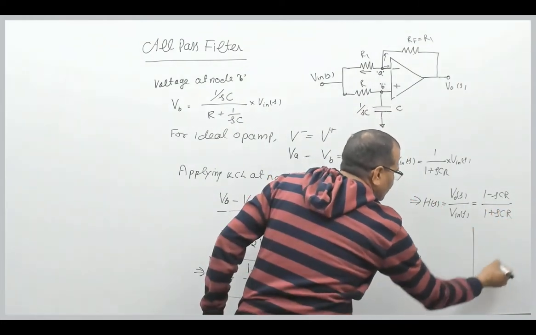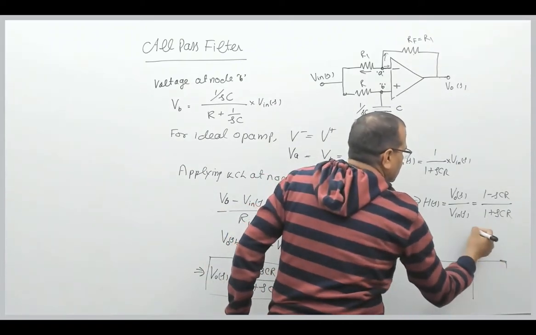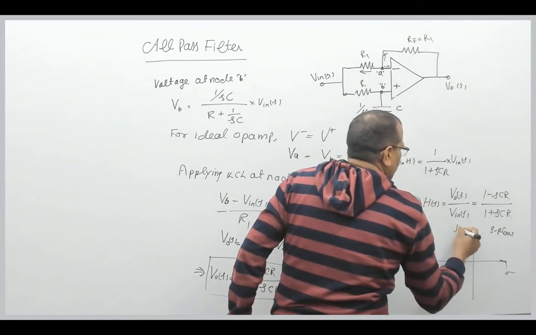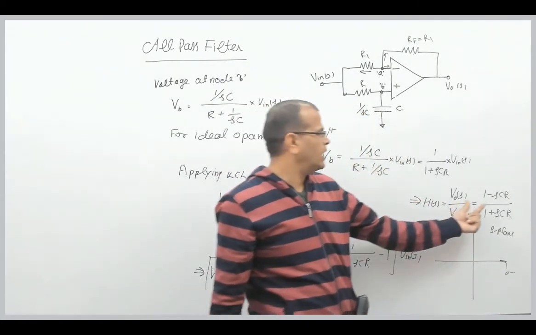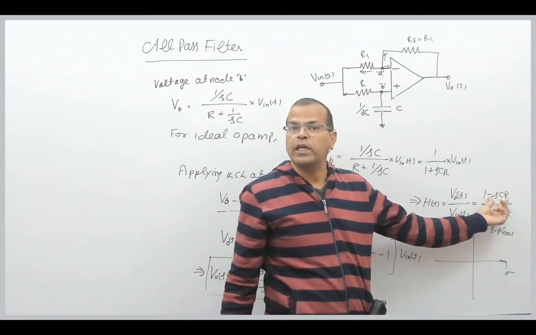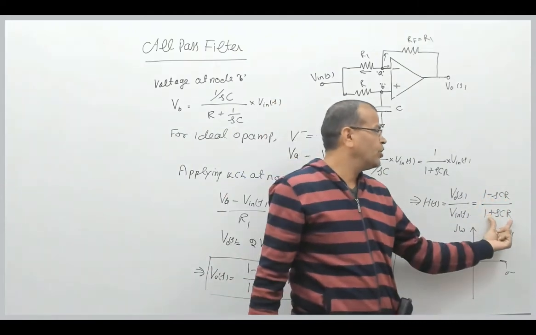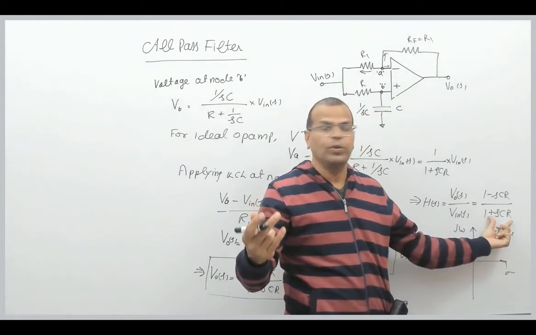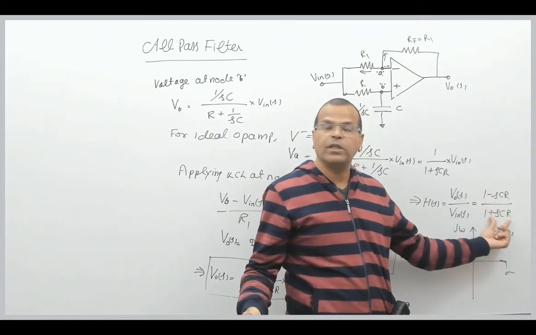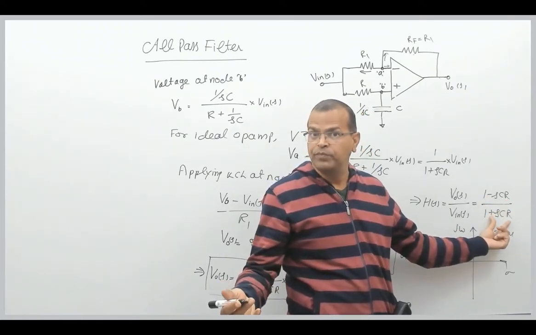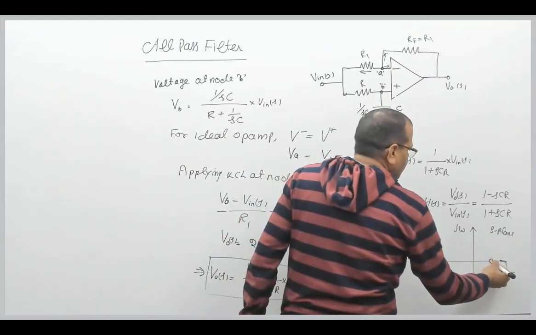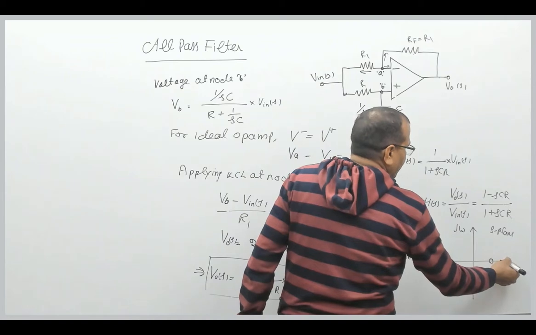If you draw the pole zero diagram for this circuit, this is the S plane, this is sigma, this is j omega. So how many zeros does it have? Put the numerator polynomial equal to 0, that gives the zero. Put the denominator polynomial equal to 0, that gives the pole.